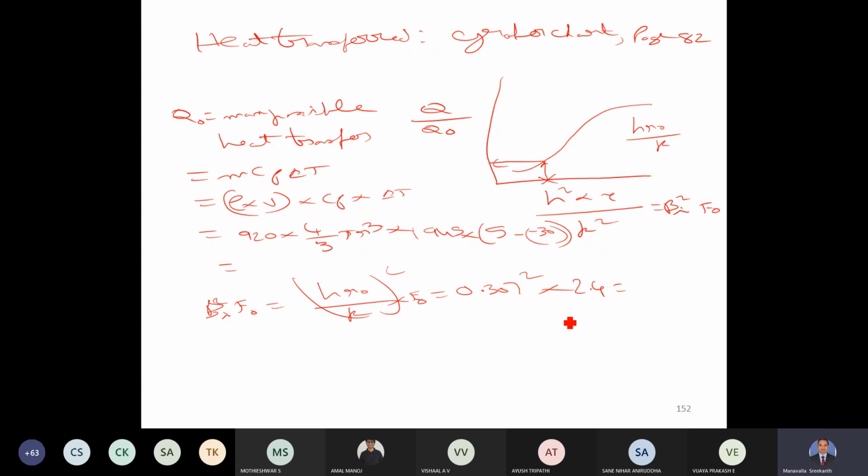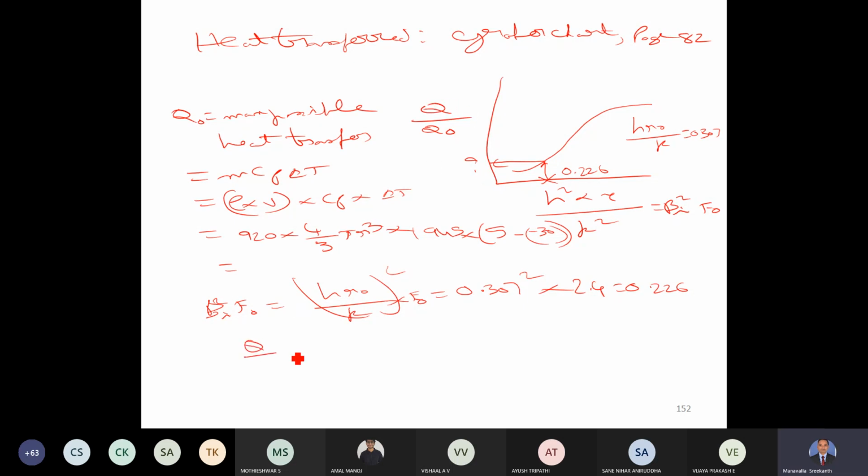So this value should be 0.226, and this is 0.307. Accordingly, read this value and find the value of Q by Q naught.